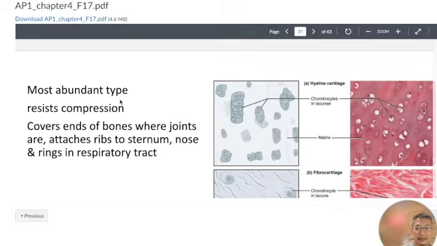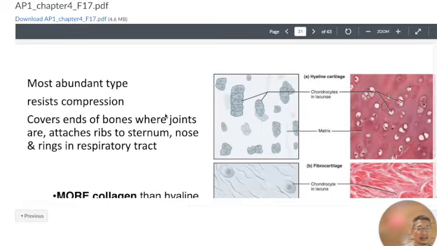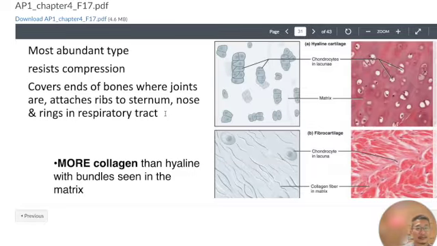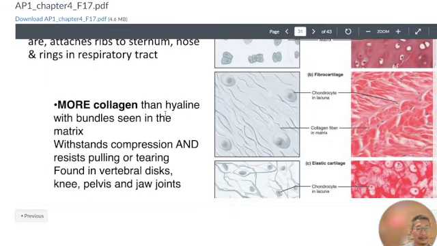Hyaline cartilage. So this is hyaline. Hyaline is the most abundant type. Lots of proteoglycan. It's clear, smooth, strong, flexible, like in a rib cage. Fibrocartilage is the second one.